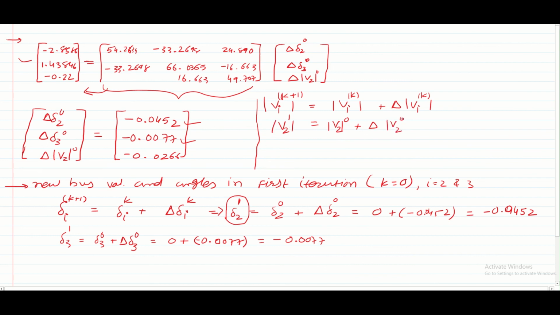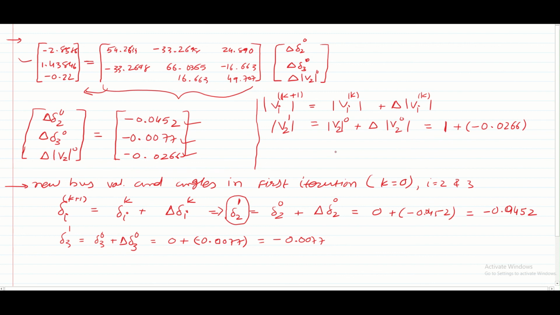Delta V2^0. So here we have V2^1, as we have assumed it is 1 per unit, plus the calculated value of change in voltage, which is minus 0.0266.